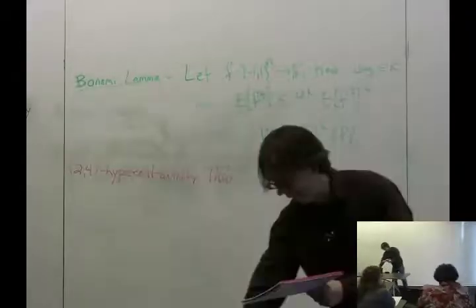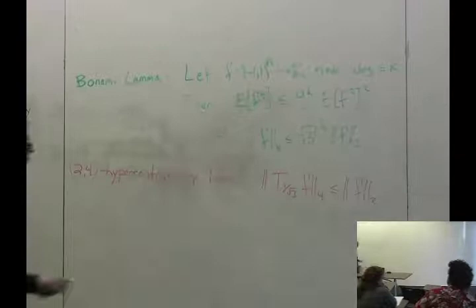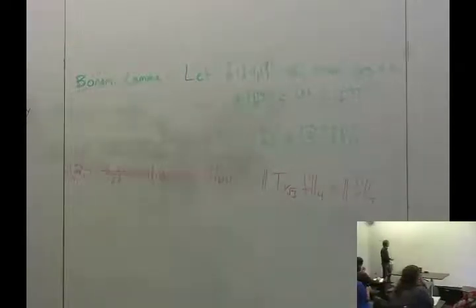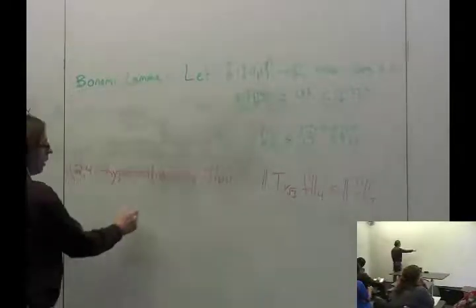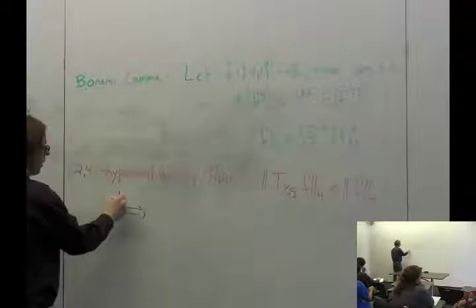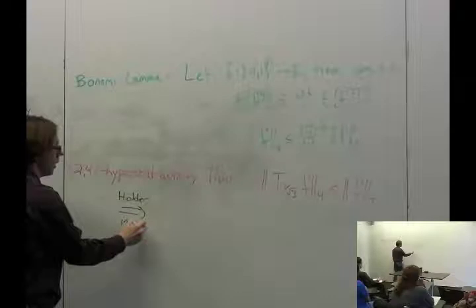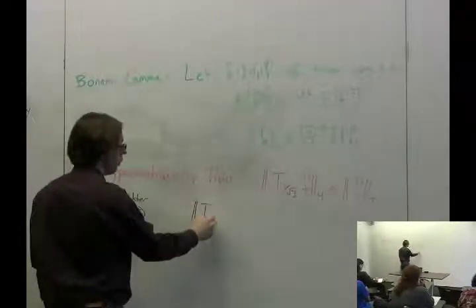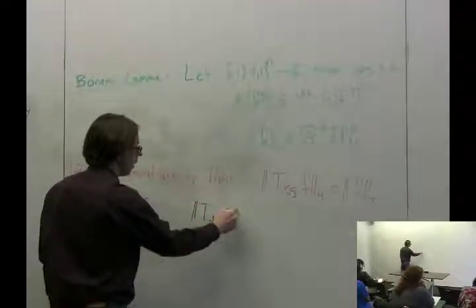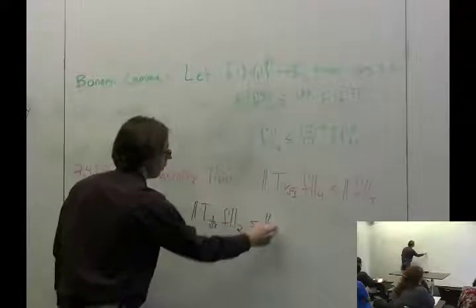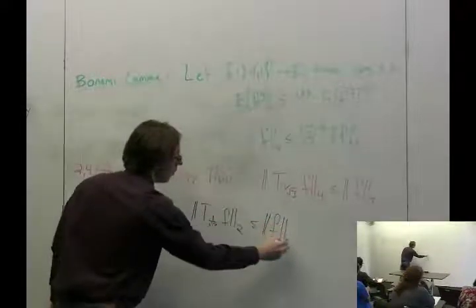OK, and we already got a lot of great conclusions out of this theorem. So one thing we did was, given this, some simple trick using Holder's inequality gave us a similar looking statement, which was that T_{1/root 3} f in the 2 norm is at most f in the 4/3 norm.